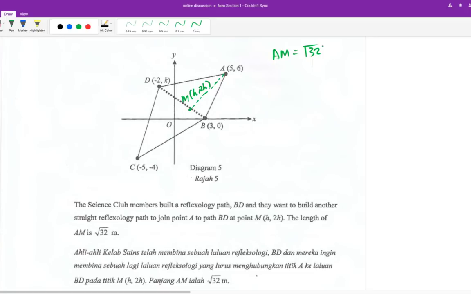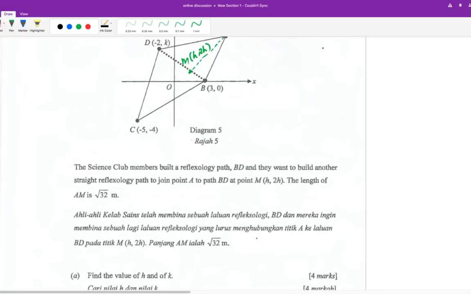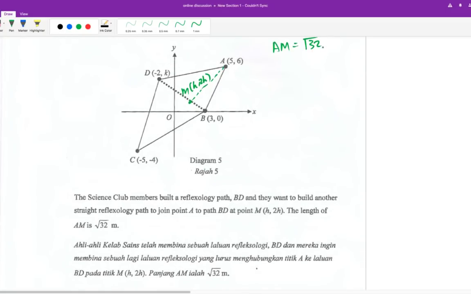So before I start, I will need to find something. Because I guess the question asks you to find h and k. So I will need to find h and k. k is at the coordinate D here. h is at the coordinate M here. So since we have the distance from A to M here, we can definitely use the distance formula to form our first equation.